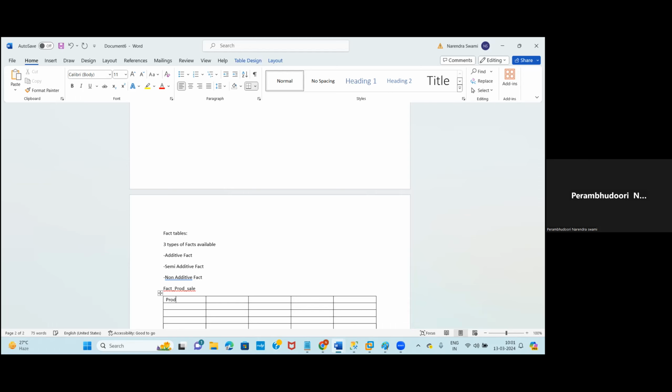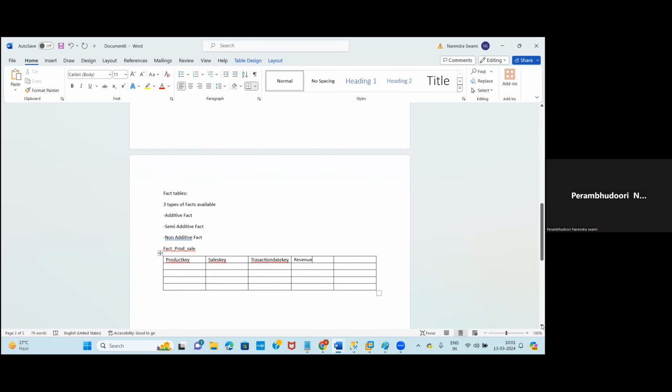And it has a product key, a sales key, a transaction date key, and revenue. We have these columns in the table.